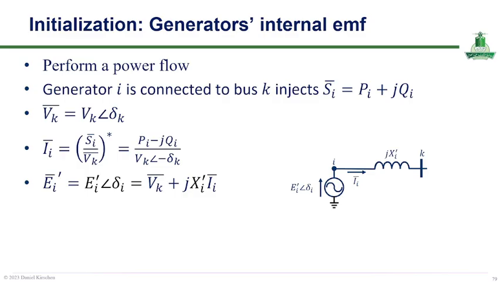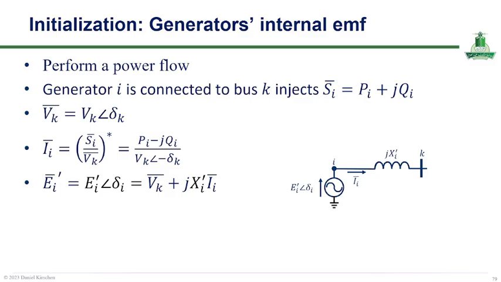For generator i connected to bus k, the complex power injection is represented as S_i equals P_i plus jQ_i, where P_i is the active power and Q_i is the reactive power supplied by the generator.